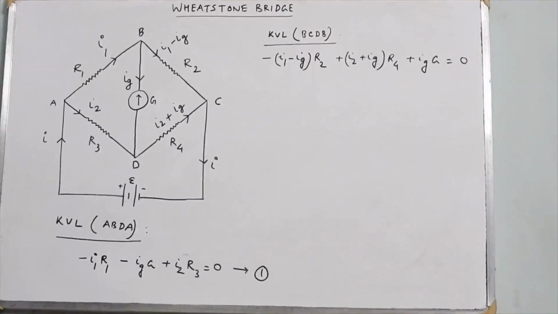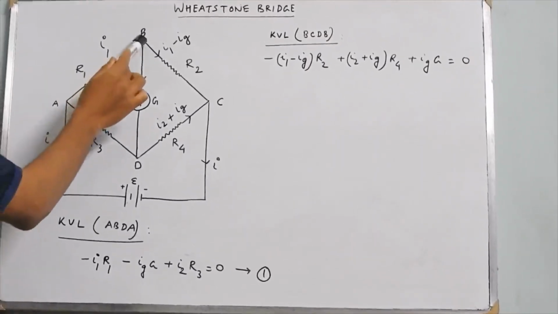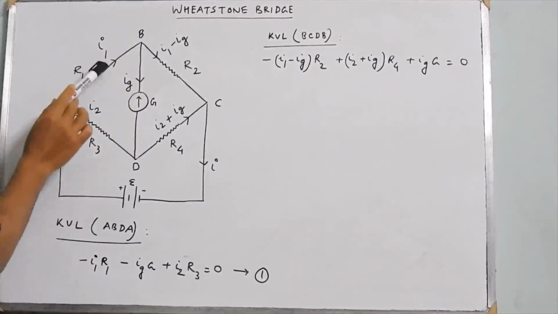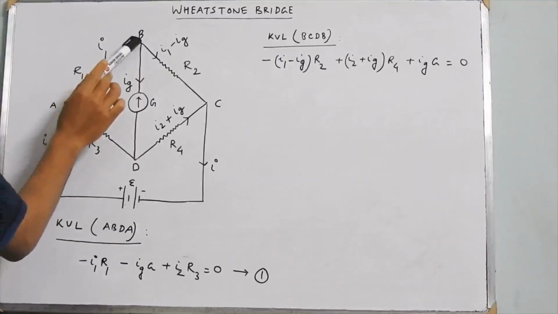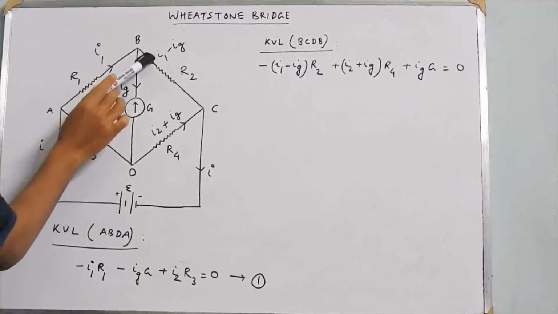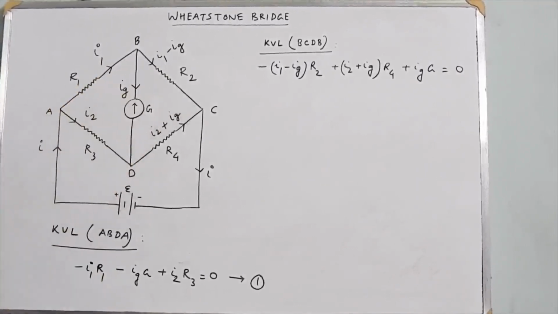Now obviously, by Kirchhoff's current law, the current entering a junction must be equal to the currents leaving the junction. So if I1 enters the junction and Ig leaves the junction, it means that a current I1 minus Ig should flow through R2 along BC.